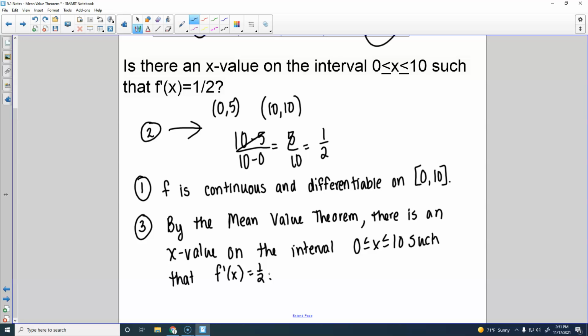So, continuous and differentiable, show the slope through the endpoints, mention mean value theorem, and restate the problem affirmatively.